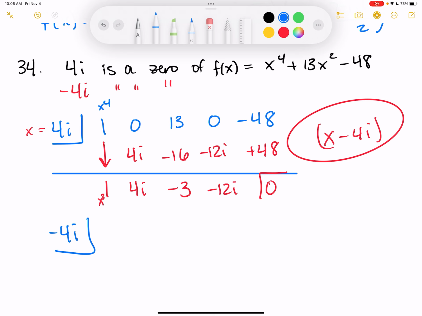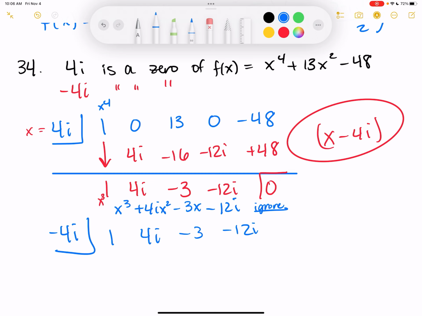Let me rewrite it this way first: x cubed plus 4i x squared minus 3x minus 12i. So now I'm copying down the numbers with the i's with them: 1, 4i, negative 3, negative 12. You don't have to rewrite it this way. I'm just doing it so you see where the terms are coming from. You could ignore this step if you wanted to.